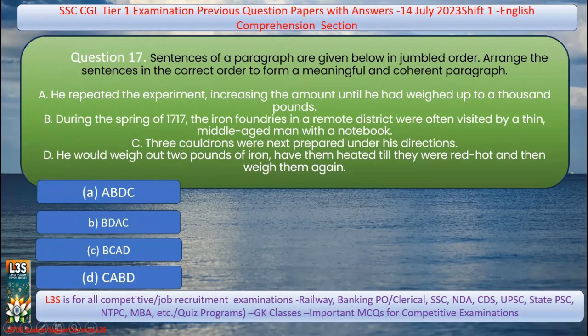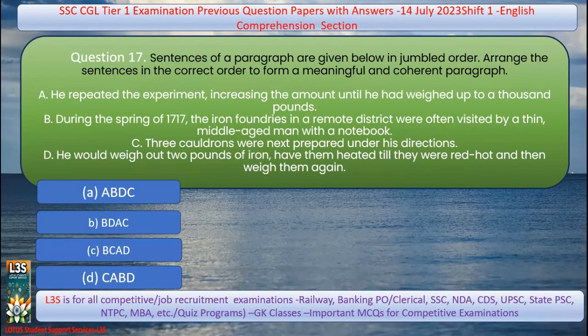Sentences of a paragraph are given below in jumbled order. Arrange the sentences in the correct order to have a meaningful and coherent paragraph. A. He repeated the experiment, increasing the amount until he had weighed up to 1,000 pounds.